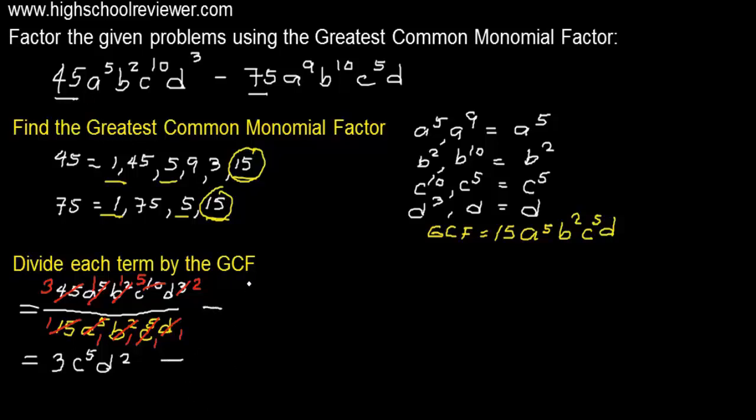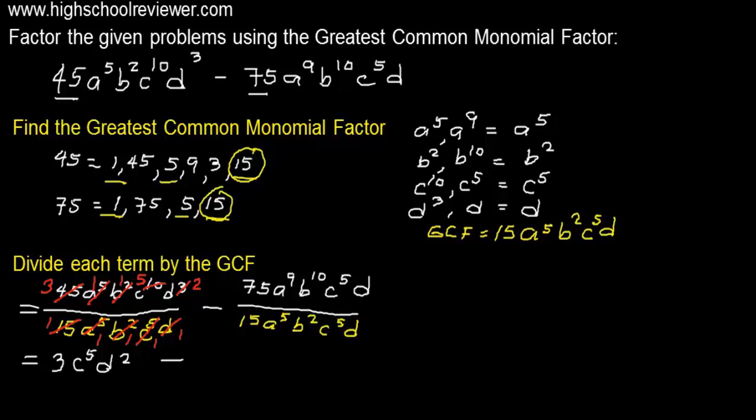Let's divide now the second term. We have 75, a raised to 9, b raised to 10, c raised to 5, and d, all over, again, our greatest common monomial factor, 15, a raised to 5, b raised to 2, c raised to 5, and d.